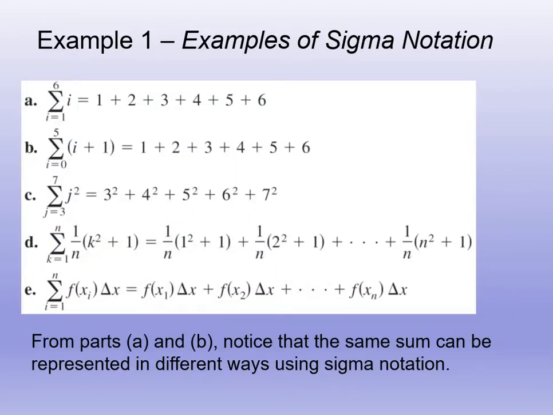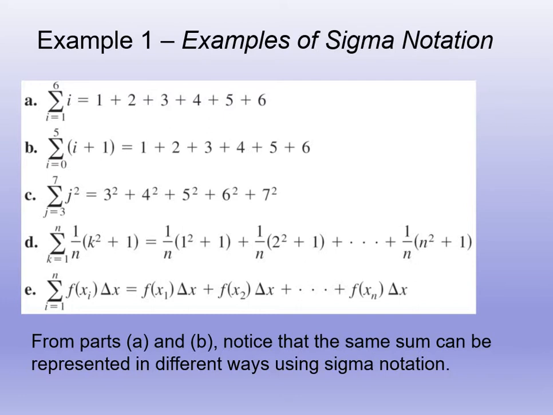If we look at how sigma notation works out, take the first one, A. We sum i from i equals 1 to 6 of i. That means we do i for every value from 1 to 6 and sum them. So it's when i is 1, plus when i is 2, when i is 3, when i is 4, when i is 5, and when i is 6.